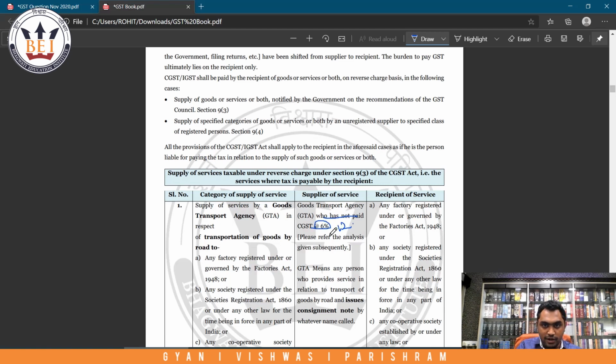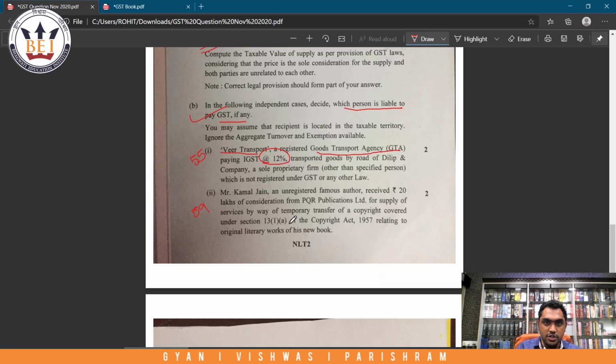That means it is total 12%, 6% of CGST plus 6% of SGST. So it should be a person who has not paid this. In this case, the GTA has paid 12%. So RCM will not be applicable here. The GTA itself will be liable to pay the GST.